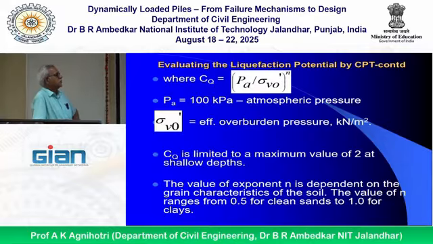So CQ we will calculate, but the CQ value is limited to 2 for shallow depths. If it comes out to be more than 2, then we will take 2. The value of exponent N depends on the grain characteristics of the soil. N ranges from 0.5 for clean sands to 1 for clays. So normally for sands, 0.5.